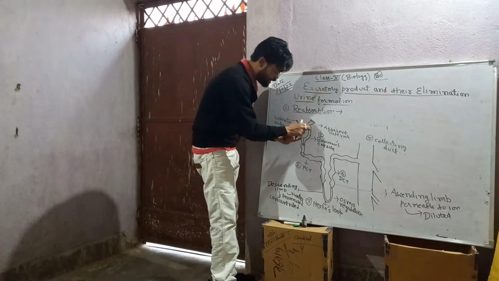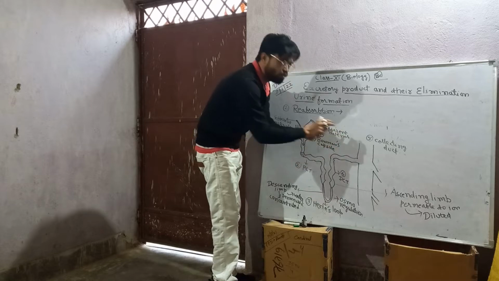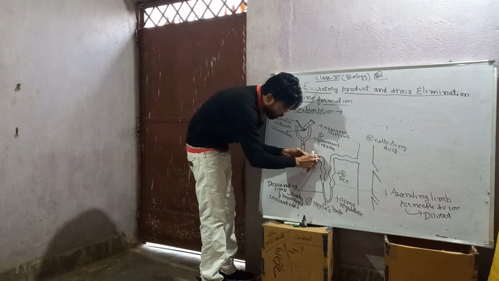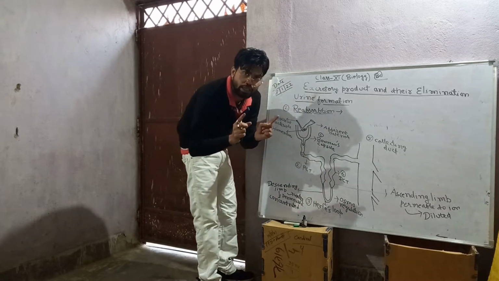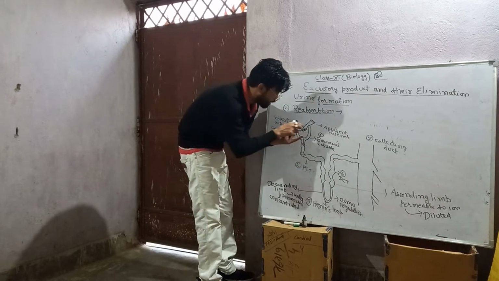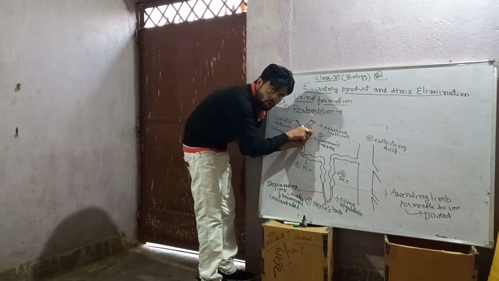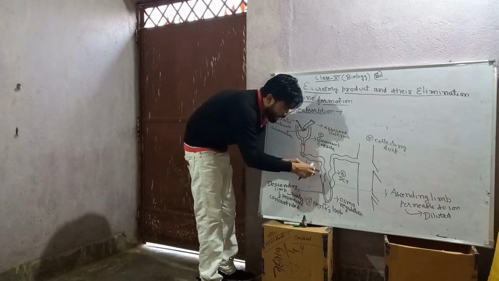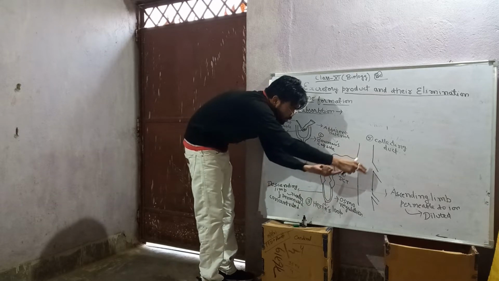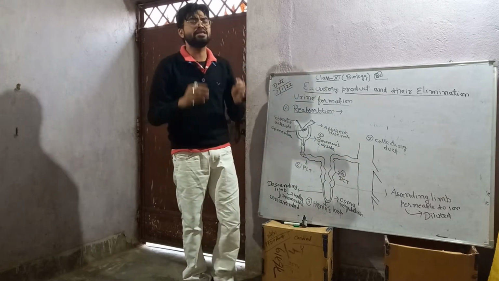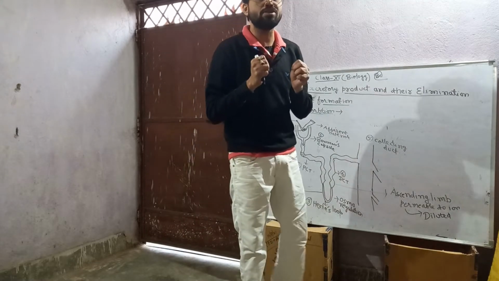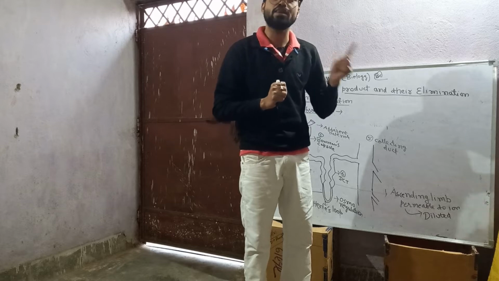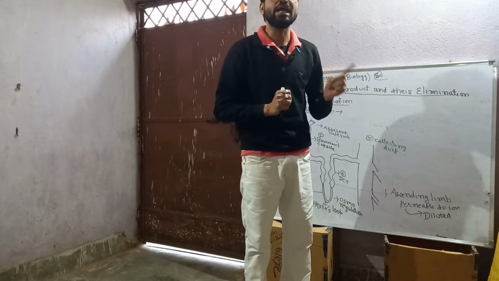So my dear students, here you are observing the nephron and this is the tubular part of the nephron. The nephron is divided into two parts. The first part is known as the glomerulus part, and one pipe arises from the Bowman's capsule. This whole pipe is known as the tubular part. In this tubular part, some essential nutrients are absorbed, and this process is known as reabsorption.